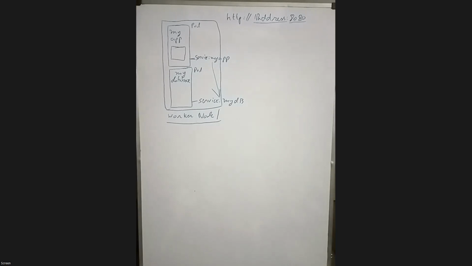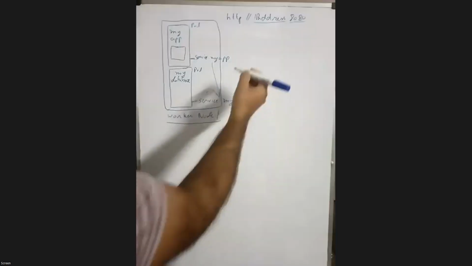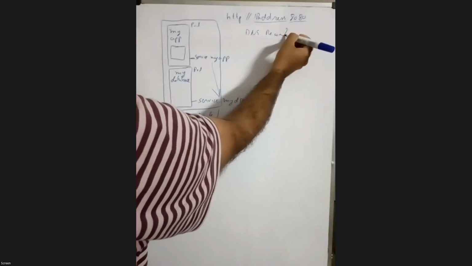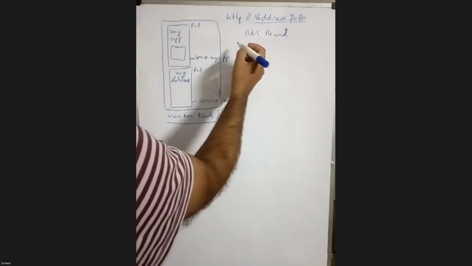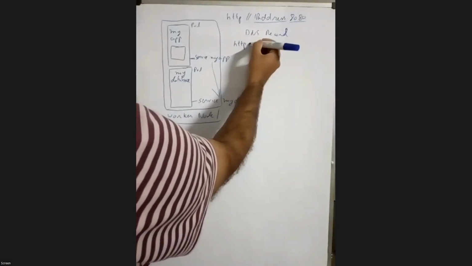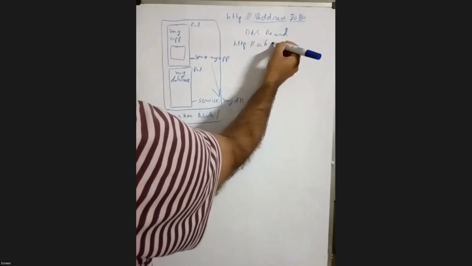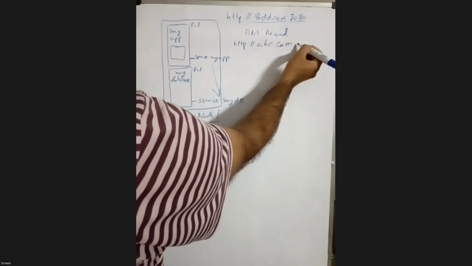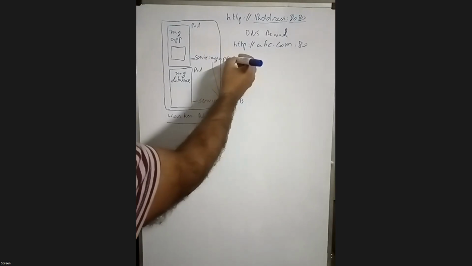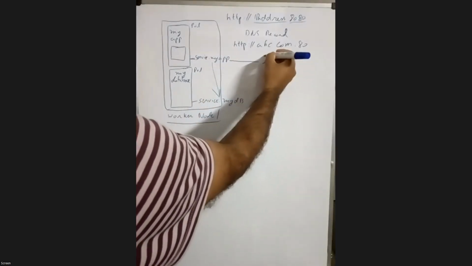But for the world, we have our DNS record, which tells the website is running on, let's say, http://abc.com, port 80. So abc.com and port 80, this is done by another service called ingress.